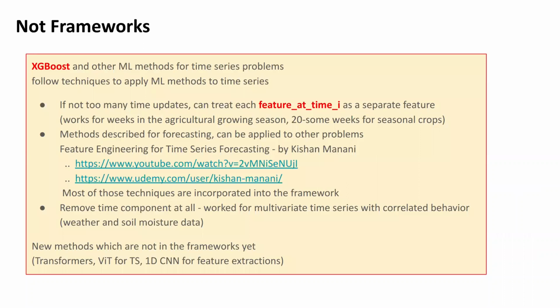One is you can treat each time update as its own feature. And it actually works well for agriculture yield models. So every week we do an observation. We only have about 25 weeks' worth of data. So you can just say you have 25 features, and you use all of them in your tabular method. Or you can generate your own features and essentially remove time series, but run feature generation methods.